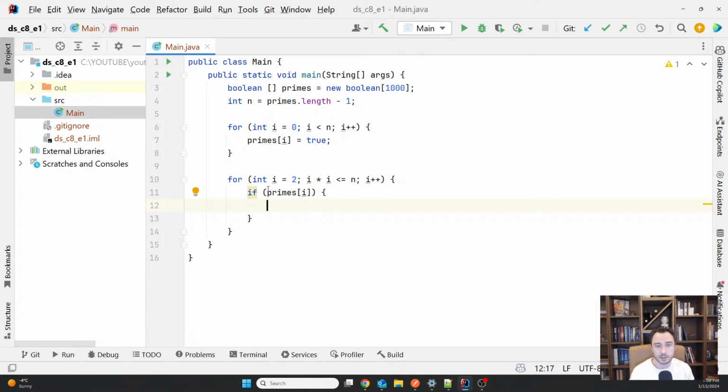So I'm going and I'm saying if I found the prime number, and being that I start with 2, it will be true, because remember, in the very beginning all of them are true. They will become false afterwards.